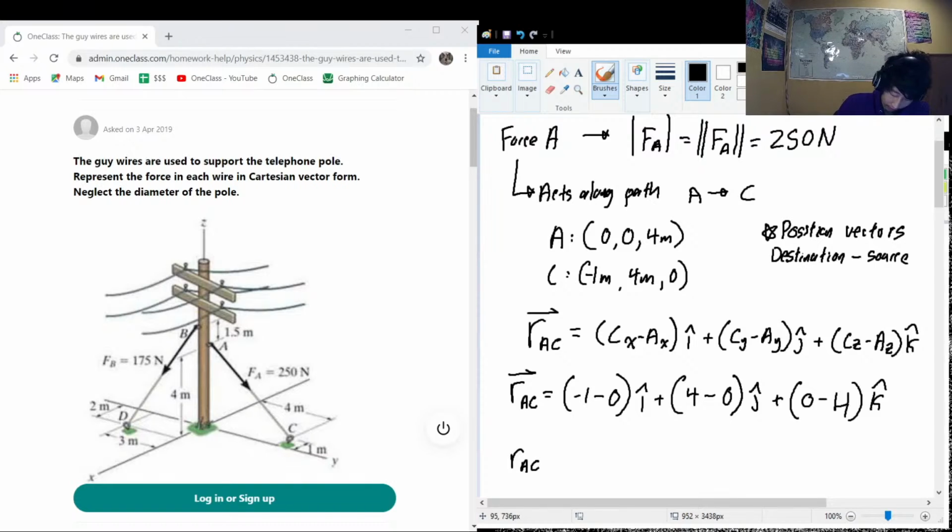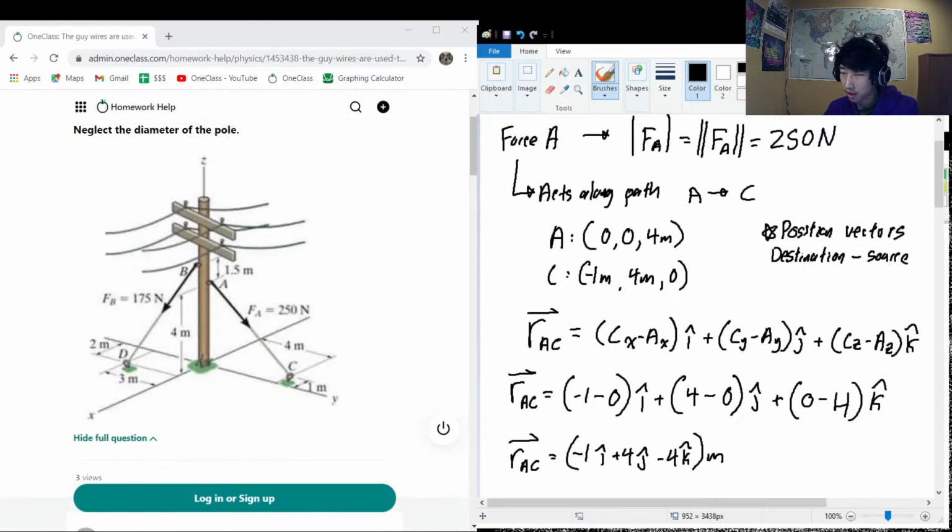So our AC is going to be -1I plus 4J minus 4K. And all of these are in meters. Okay, and that looks kind of reasonable. If you wanted to go from point A to point C, you would go -1 in the X direction, you would go +4 in the Y direction, and -4 in the Z direction. That looks perfectly reasonable. Cool.